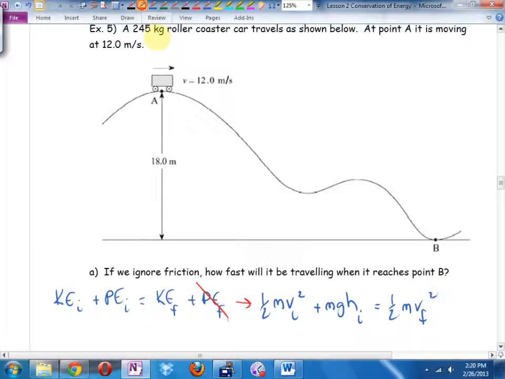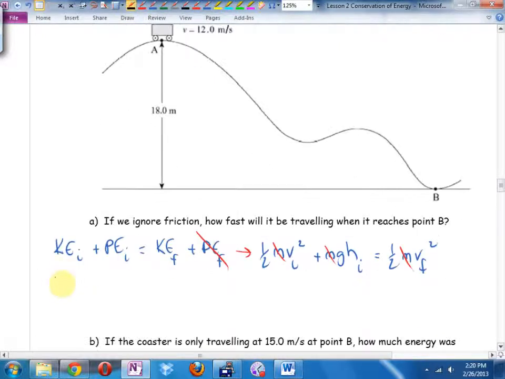So let's do that. I end up with this: a half V initial squared plus g h initial equals a half V final squared. What are we trying to get by itself? V final. I'm going to pull out an equation solving trick. Do you see all the 1/2 fractions? I'm going to use Math 9 to clear fractions: times by 2, times by 2, times by 2.